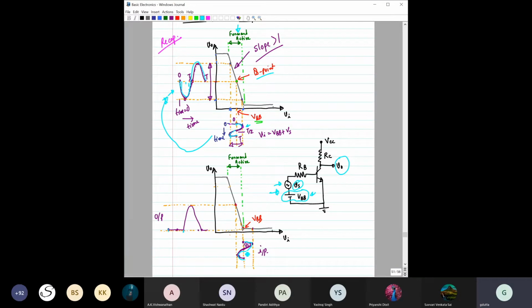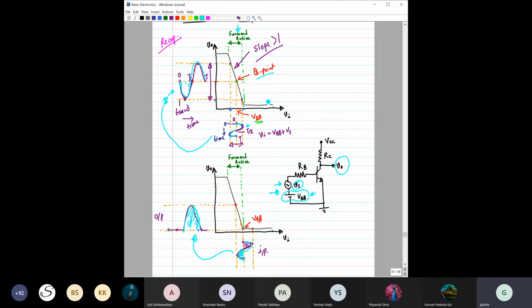However, for the other section, the negative half cycle, you will get an output, and the output will be 180 degrees phase shifted. So for the negative half only, you get the positive half of the output, which is amplified. But if you place the Q point here, meaning you change the biasing of the circuit, the amplification would not be fruitful; it would be a distorted amplified output.